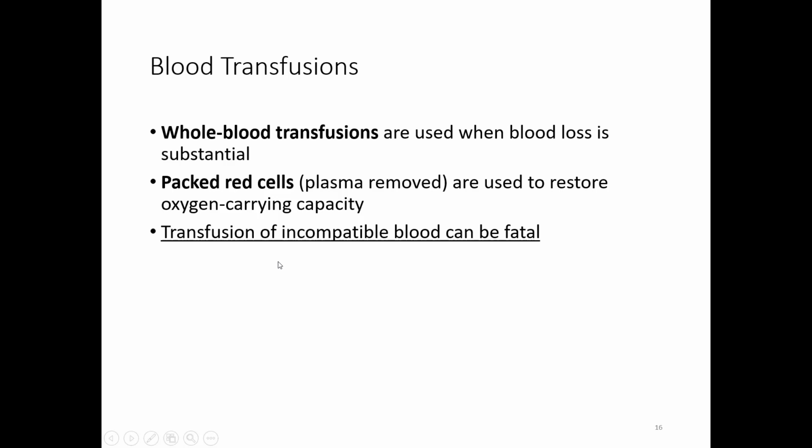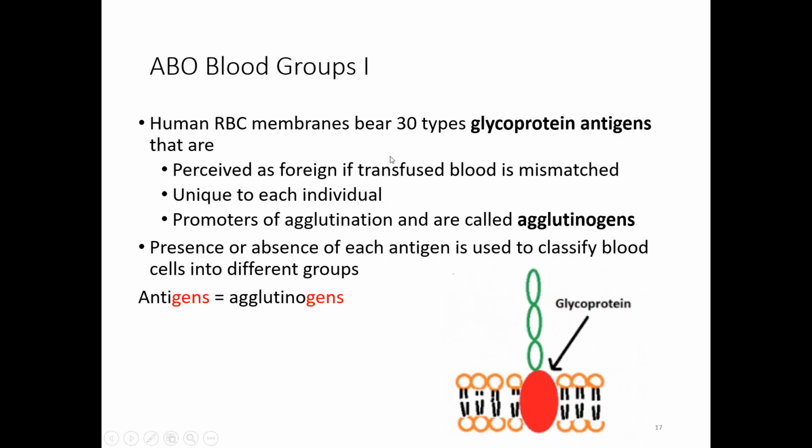There are several types of transfusions, and if blood is mismatched, and it happens that a patient received incompatible blood, it can be very dangerous or even fatal. What does it mean, incompatible blood transfusion? We all have different blood types. ABO blood groups, that's the first one we will talk about.